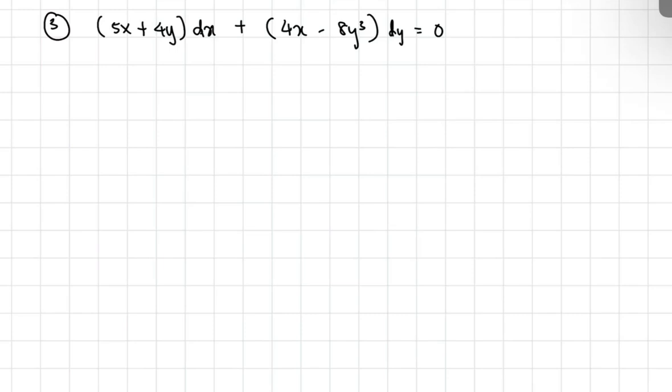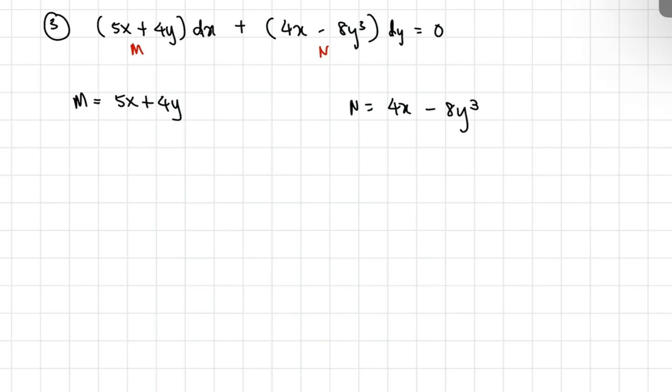First, we need to identify this is M, this is N. So let's write M equal to 5x plus 4y, N equal to 4x minus 8y cubed.